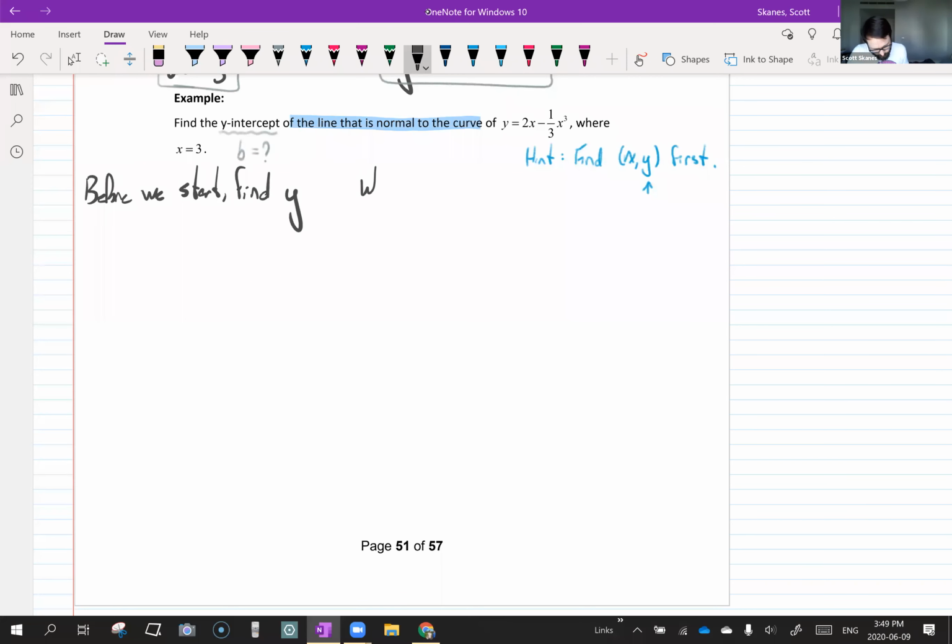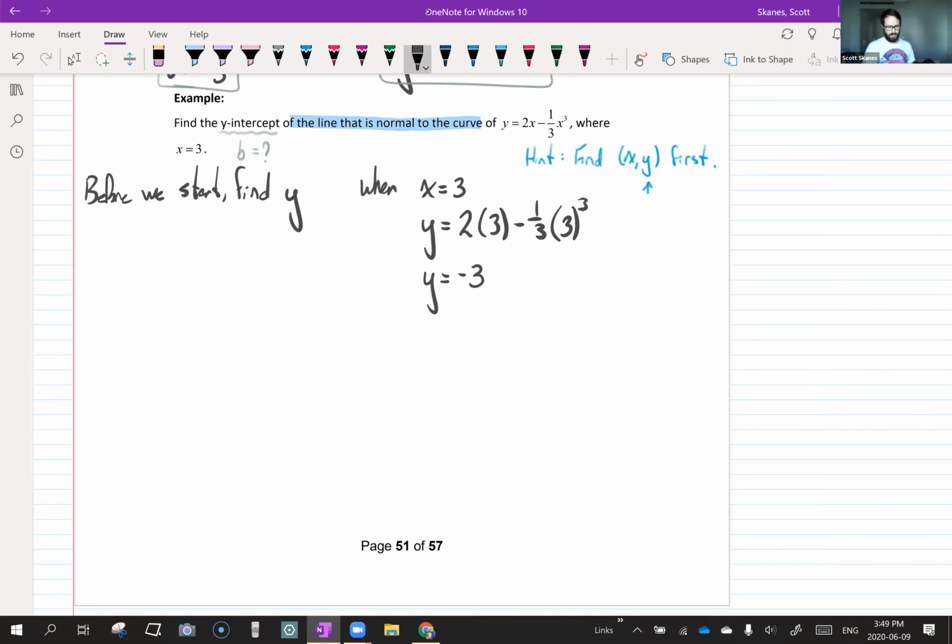So when x equals 3, y equals 2 times 3 minus 1 over 3, 3 cubed. Just in case you're lost, I'm just putting it in here. This is the function I'm putting it into. If you solve that, you should just get that y is negative 3.